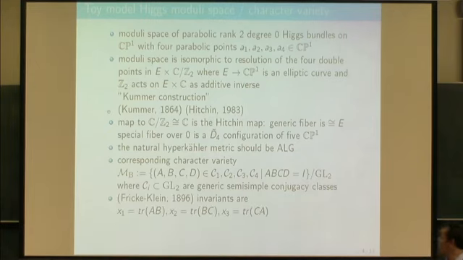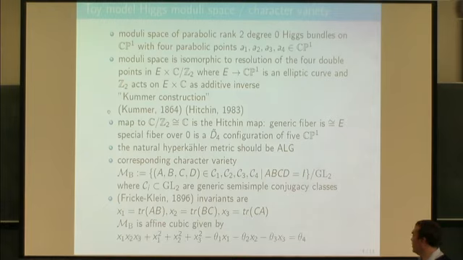And so the nice thing about this one, and that's what I like to do, is that you can get equations. You can solve this invariant geometric problem, finding invariants, for example, of this. And this is actually a classical computation of Fricke and Klein. Here are the invariants, and then what you get is an affine cubic given by a single equation in C3 of this form, some cubic equation.